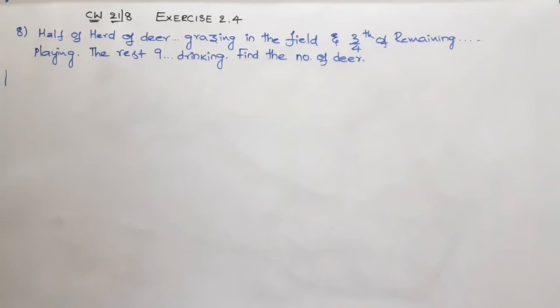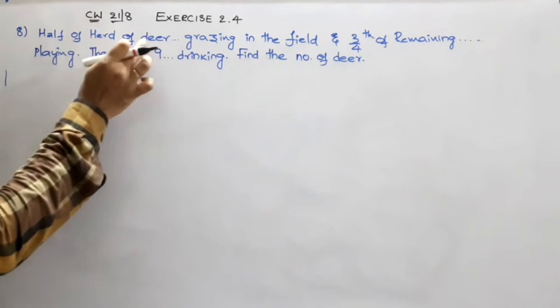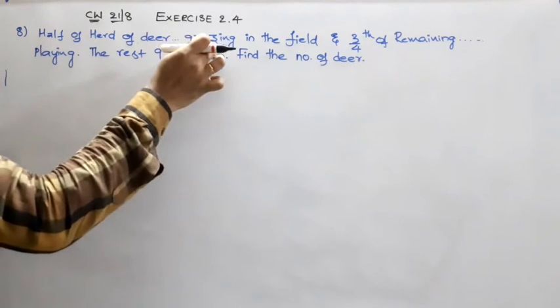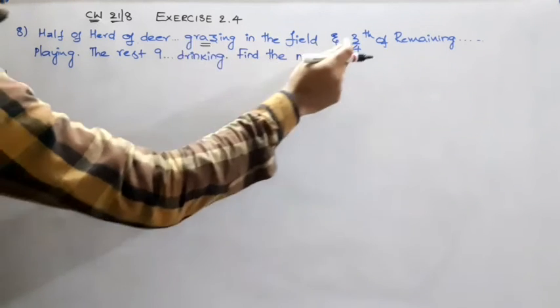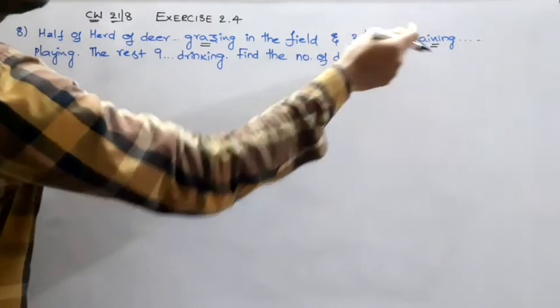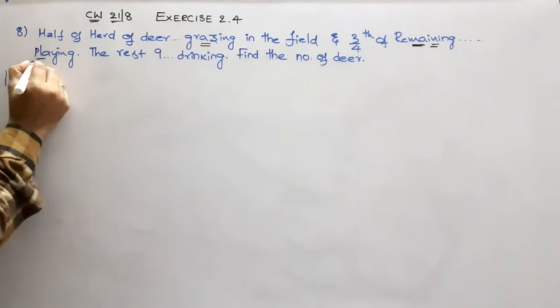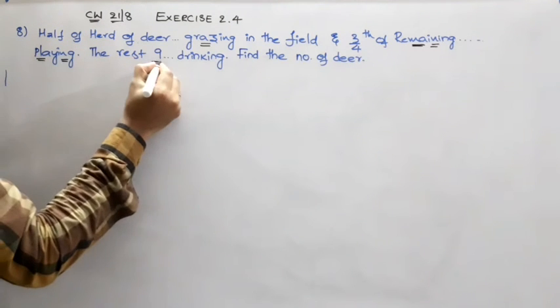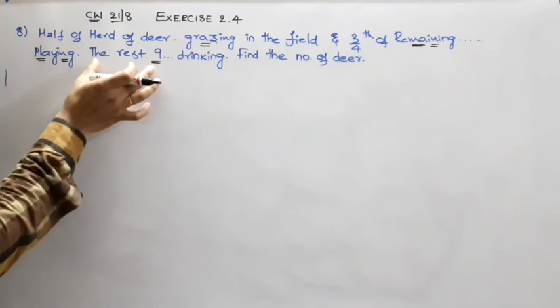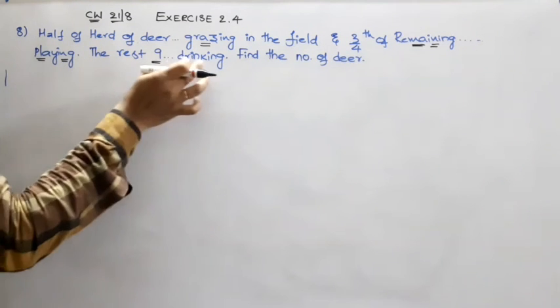Okay, now the 8th one, very easy. If you can understand the question, the solution is going to be very easy. Look, half of a herd of deer, that means a group of deer, are grazing in the field and 3/4 of the remaining, this statement is very important, are playing, the rest 9 are drinking.